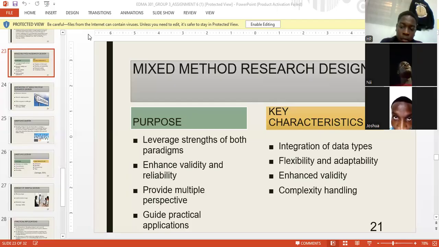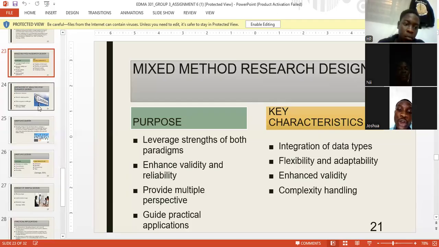Me going forward to ask why are you saying maths is difficult becomes qualitative. In that sense, I've combined both the qualitative and the quantitative, and that becomes the mixed research design. Exactly. So you can continue.